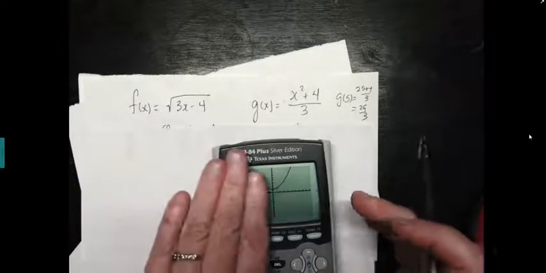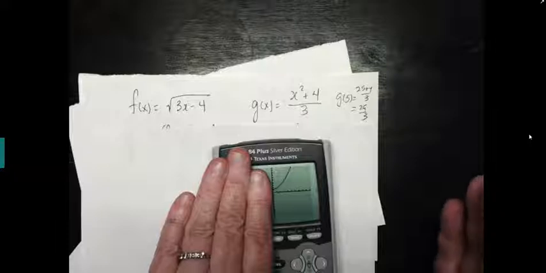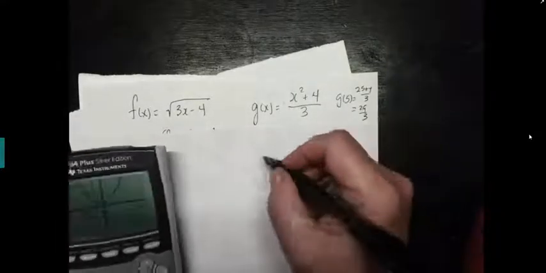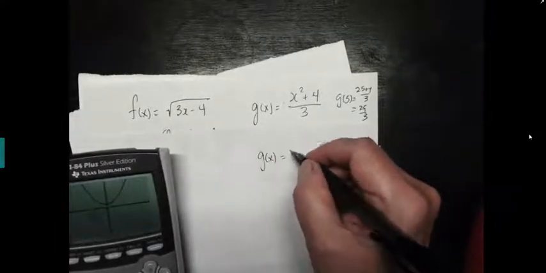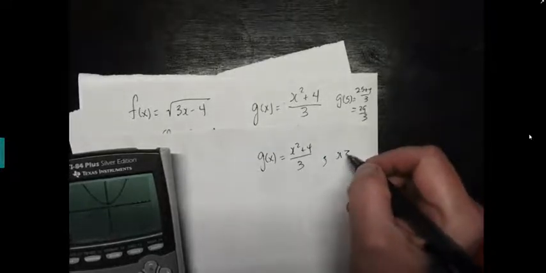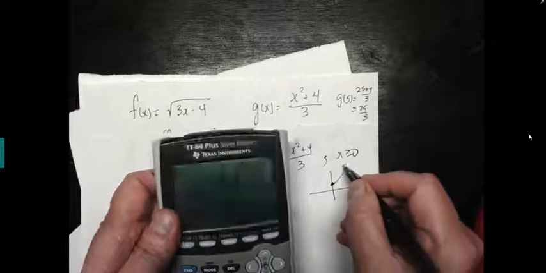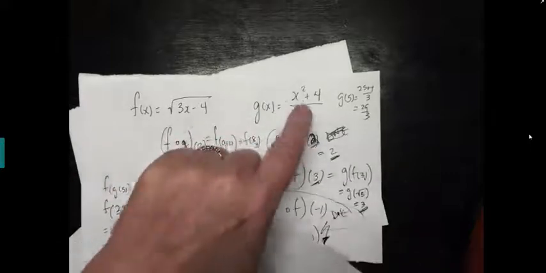I could fix it by restricting my x values to be 0 or more for g. So if I have a new function, so the restriction is different, then that function would look like that, and that would be a one-to-one function. It would have an inverse, but I don't have the restriction there, so f and g here are not inverses.